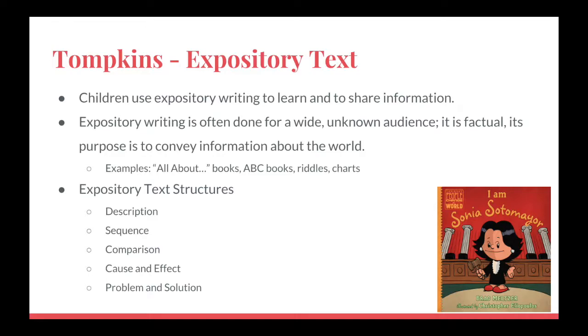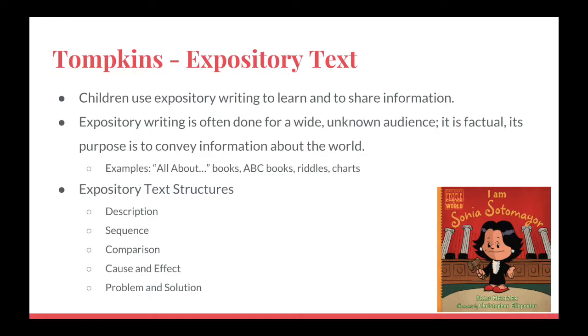Now, we're going to do a brief summary of our readings. In Tompkins' expository text, children use expository writing to learn and to share information. Expository writing is often done for a wide, unknown audience. It is factual, and its purpose is to convey information about the world.